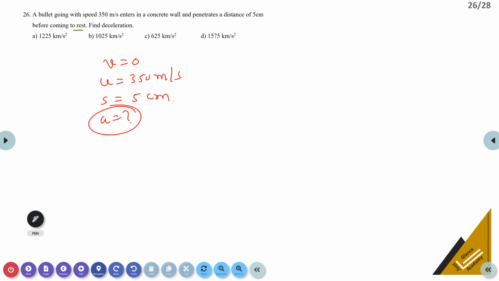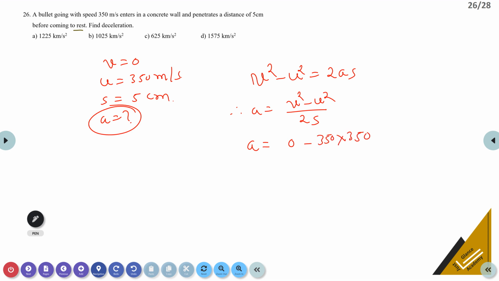Which equation? v squared minus u squared equals 2as. Therefore, a equals v squared minus u squared divided by 2s, equals 0 minus 350 squared divided by 2 into the distance. The distance is given in centimeter, so you need to convert 5 into 10 to the power of minus 2.